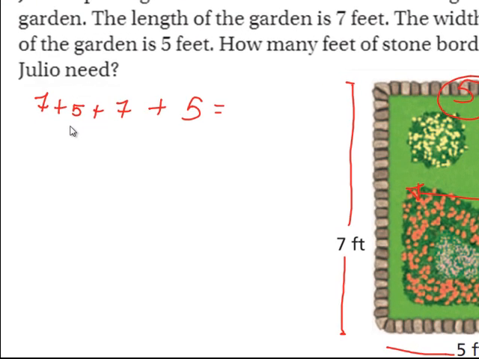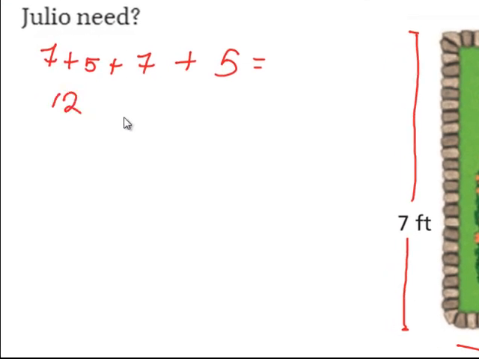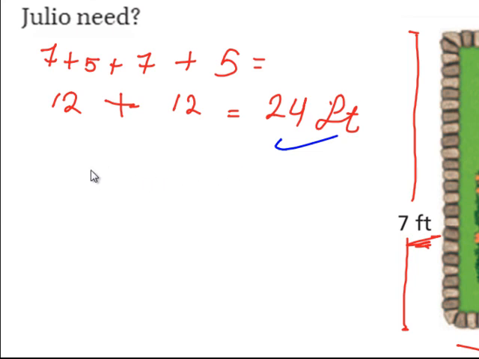Now 7 plus 5 equals 12. Plus again, 7 plus 5, 12. The final answer is what? Great, 24. 24 what? He said feet, so you should write the same unit, 24 feet. If you apply the next formula, you will find the same answer. Let's see.